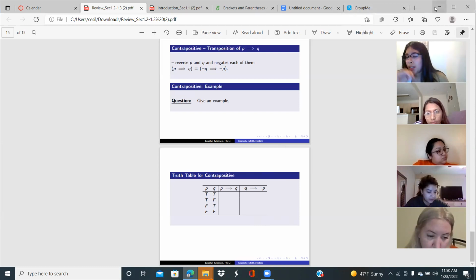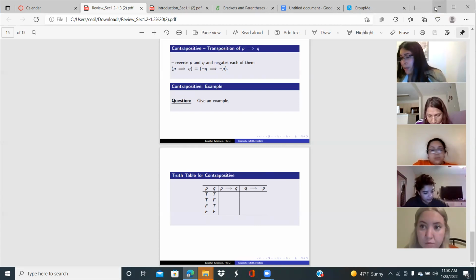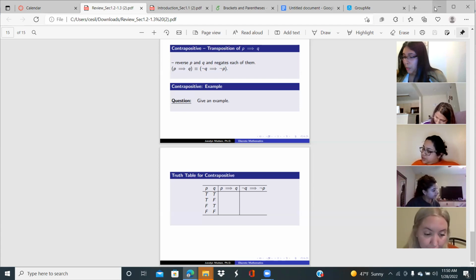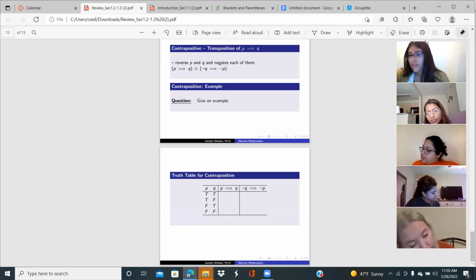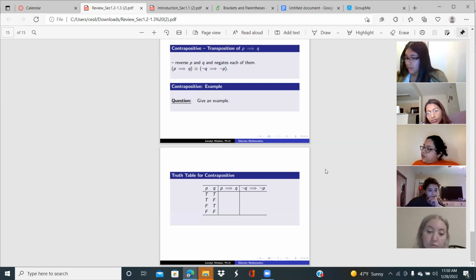You guys were good on the 1.2 homework, right? Nothing needs to be explained, not even especially number 30, because I know that's a big one. 1.2. Yeah, that's what we were talking about right before the video ended. We did the P, Q, and R, and then it's just breaking it down. How many rows did you guys have in total?